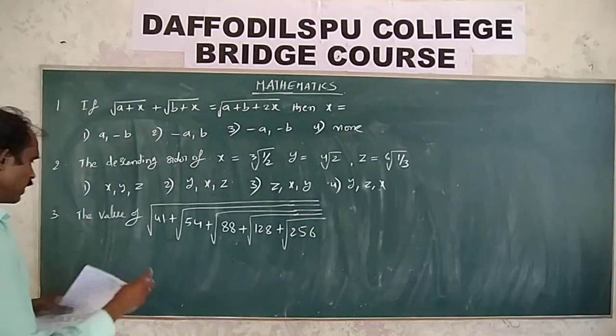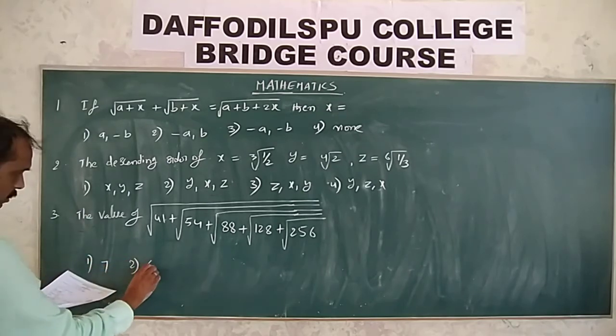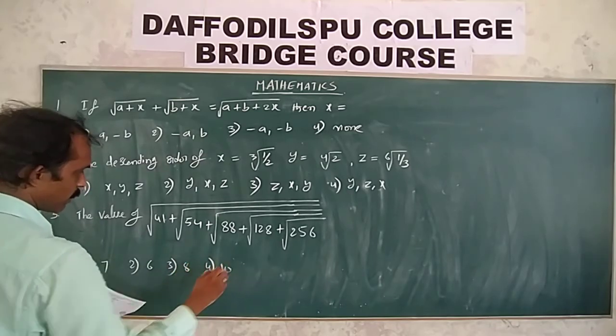Okay, so the options: first option 7, second option 6, third option 8, fourth option 10.